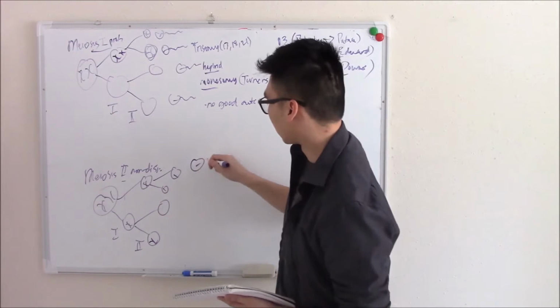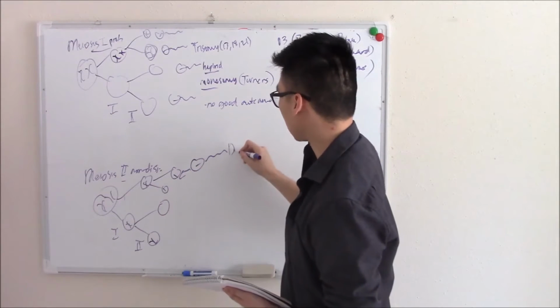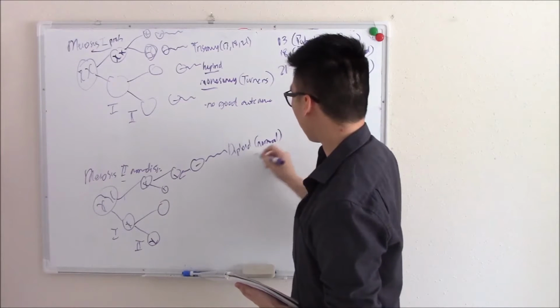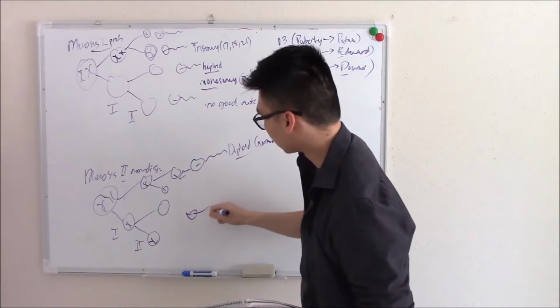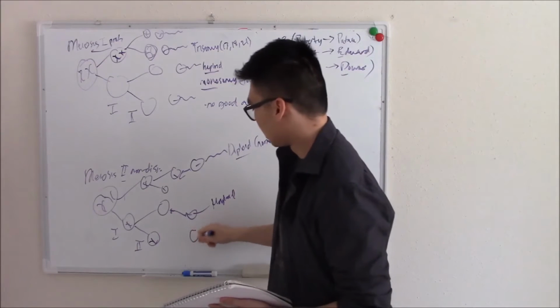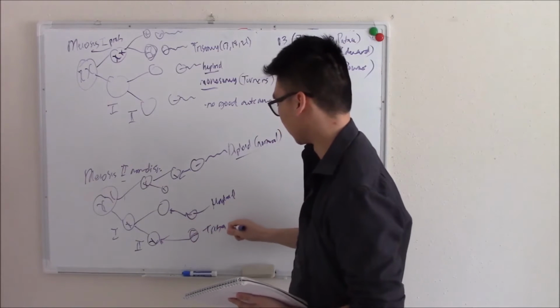And a haploid sperm comes in, fertilizes this egg, and this is actually a diploid. That's normal. All right there. However, if a haploid sperm comes in, fertilizes this empty egg, it'll be a monosomy. If it fertilizes this egg, that's a trisomy.